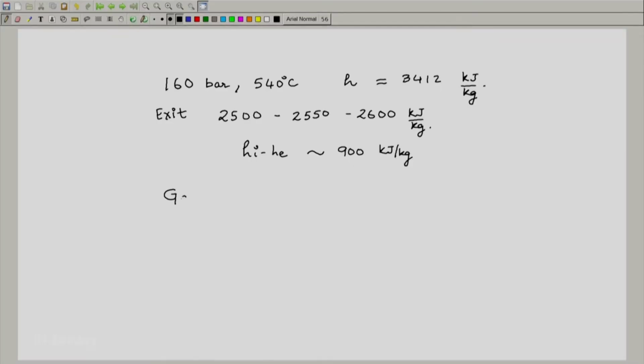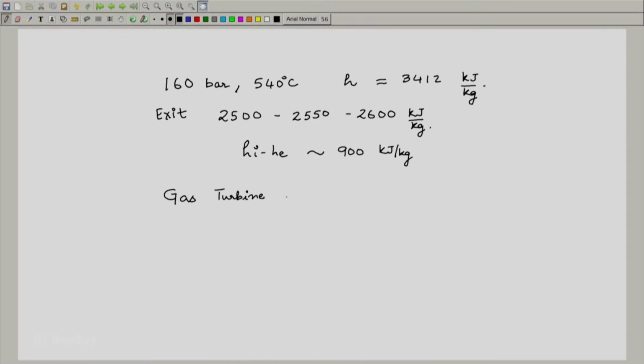This is steam turbine. Now, if you look at, let us say, a gas turbine, in that case the H can be calculated using Cp delta T, and m dot Cp times Ti minus Te would give you the change in enthalpy in such turbines.